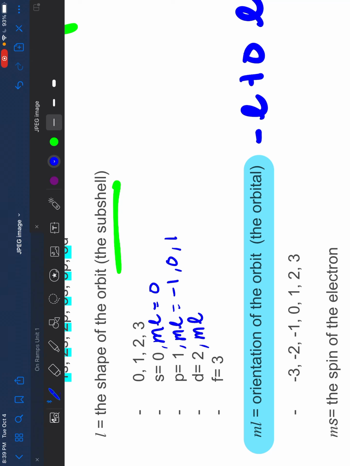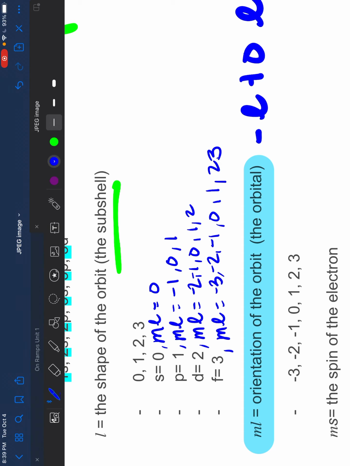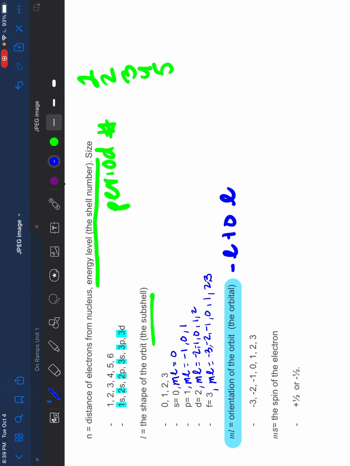If you are in the d block, your ml will be negative 2, negative 1, 0, 1, 2. If you're in the f block, ml will be negative 3, negative 2, negative 1, 0, 1, 2, 3.